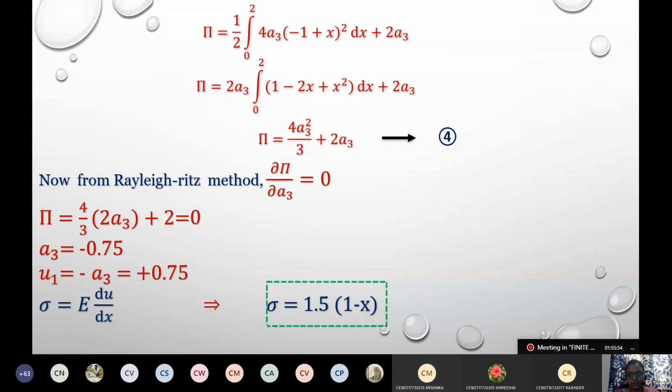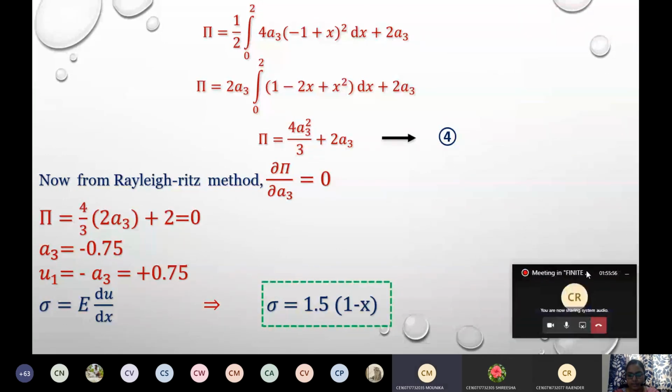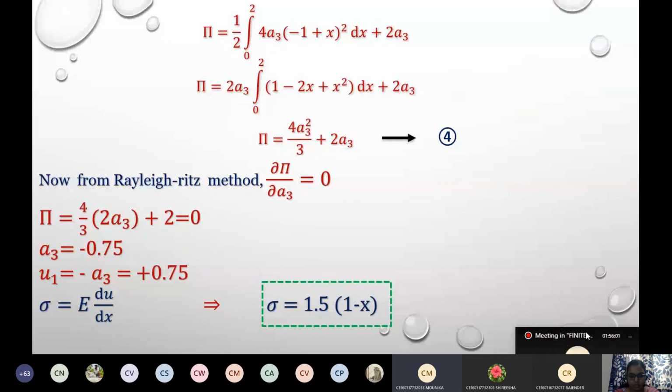Ma'am, the answer comes as 1.5 into x minus 1. Is it? How? A2 is minus 2A3. So the x will be positive and the A2 value will be negative. A3, there again it is minus, right?